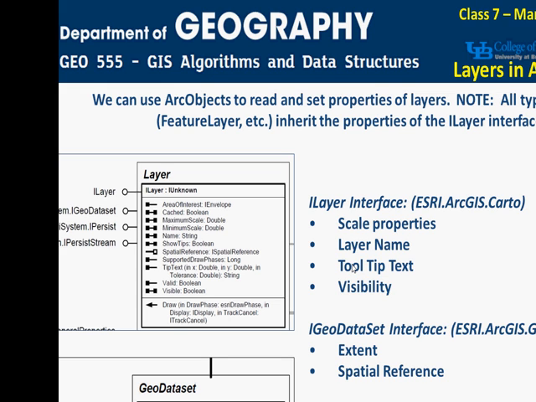So we work with IFeatureLayer a lot in the course, but there's IRasterLayer, there's many other types of layers out there. They all can use these basic ILayer properties. As you can see here, there are some basic properties on ILayer, such as its scale. You can control the scale at which it's displayed, the layer name, tooltip text, whether it's visible, and so on.